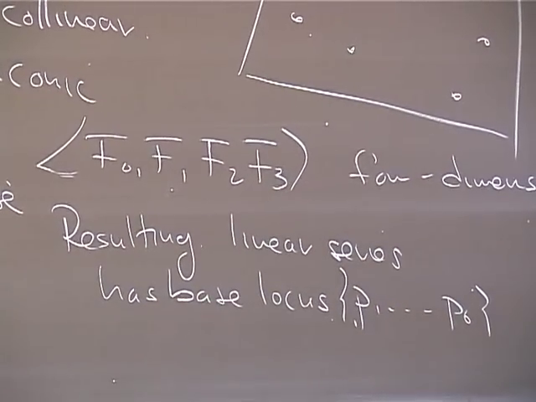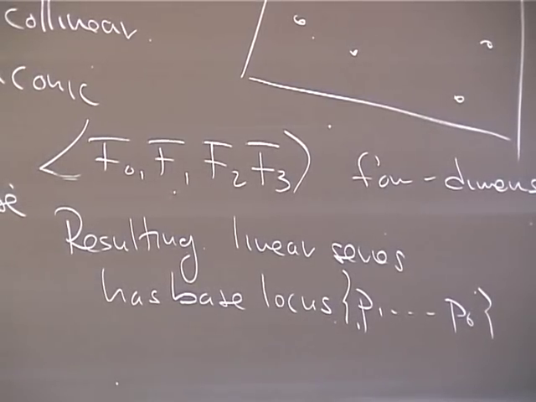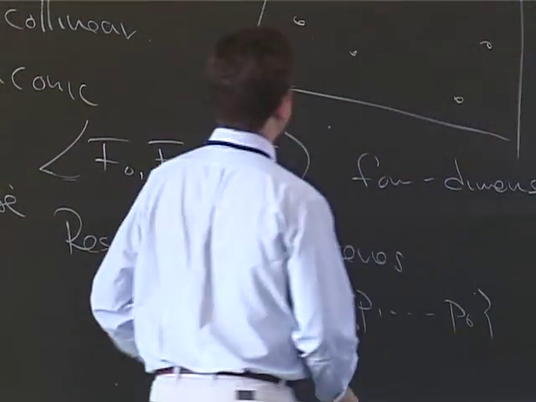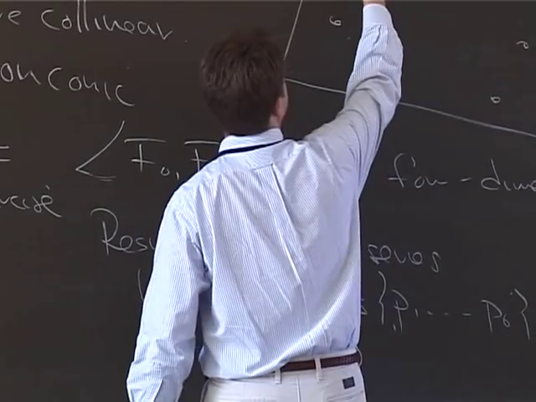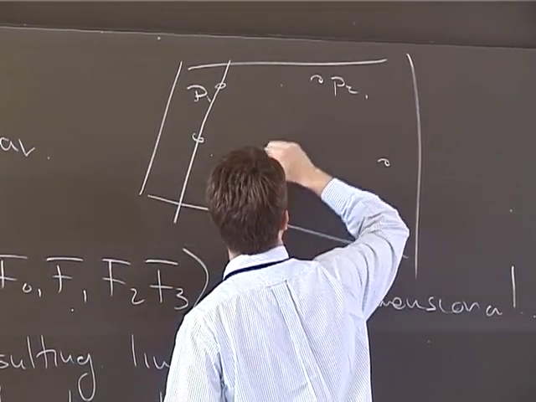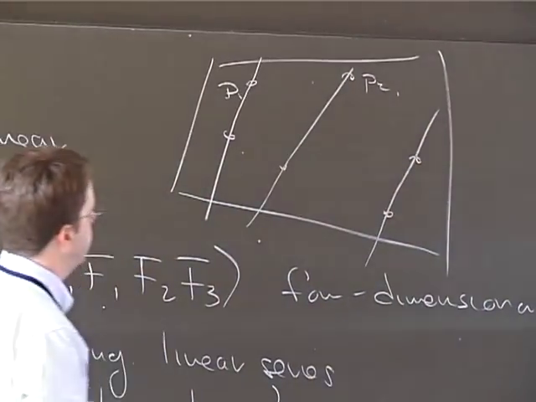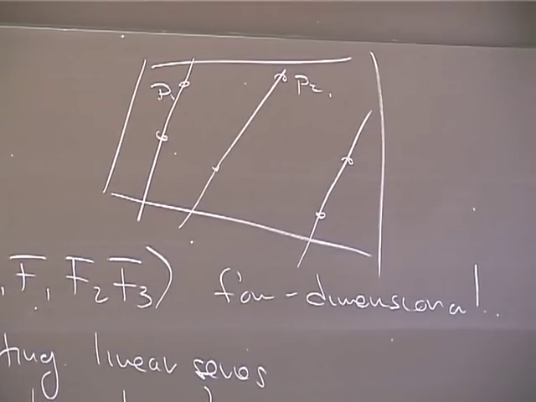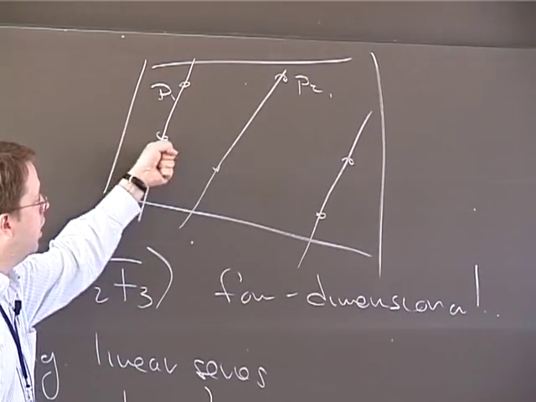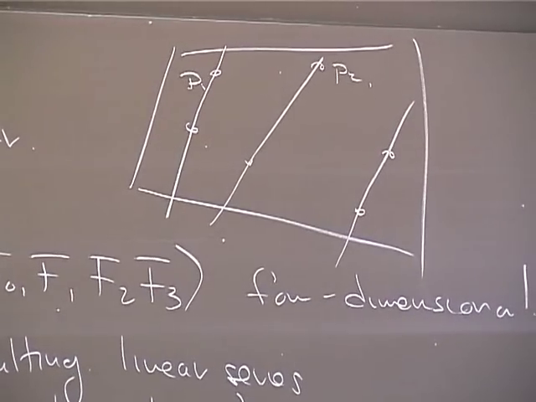Another way of saying this is that there are no other points in the plane where these cubic polynomials are simultaneously 0. So one way to produce a cubic polynomial that vanishes at all these points is you can just take lines like this. This is an example of a cubic polynomial vanishing at 6 points. You just take the linear equations satisfied by the line joining pairs of the points. This is a concrete example.